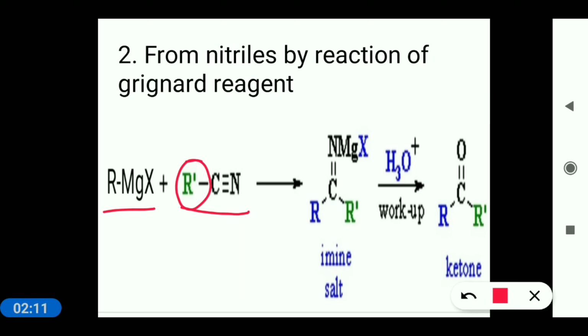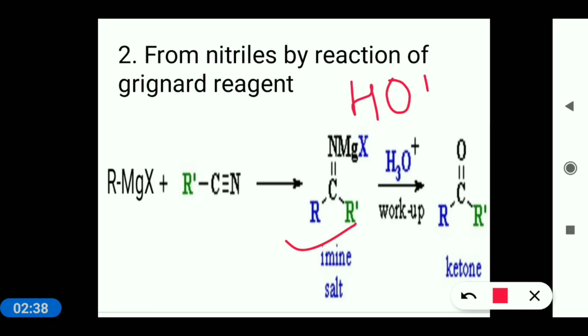So what will happen? In this triple bond, one pi bond will break, and this Grignard reagent reacts and forms the bond. You can see the imine salt. Formation of imine salt will take place. So this imine salt undergoes hydrolysis, addition of water molecule.